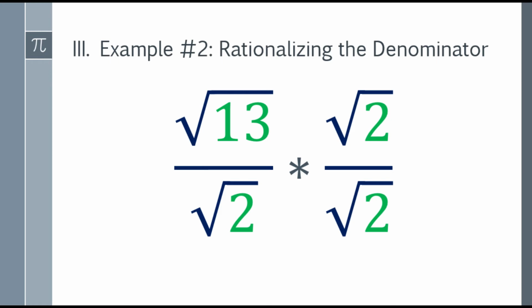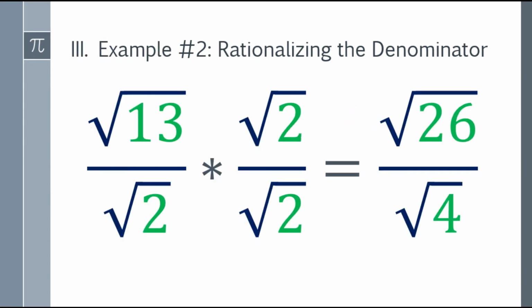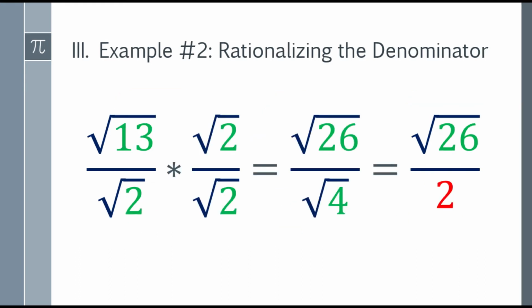So let's multiply it. That will be square root of 26 kasi 13 times 2, 26. Square root of 2 times square root of 2, that will be square root of 4. And simplify further, that will be the square root of 26 over 2.